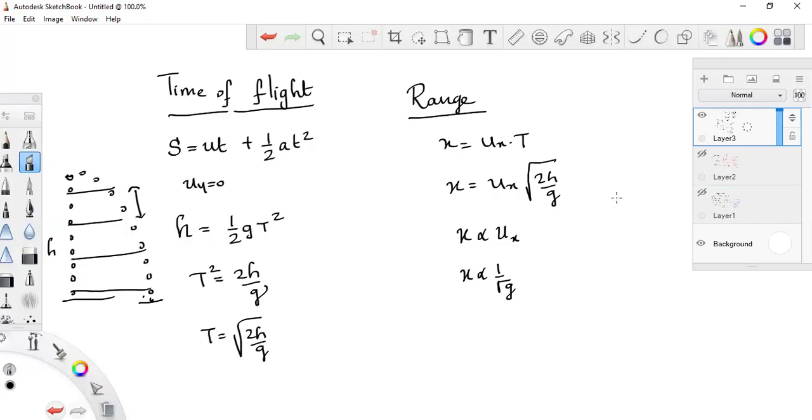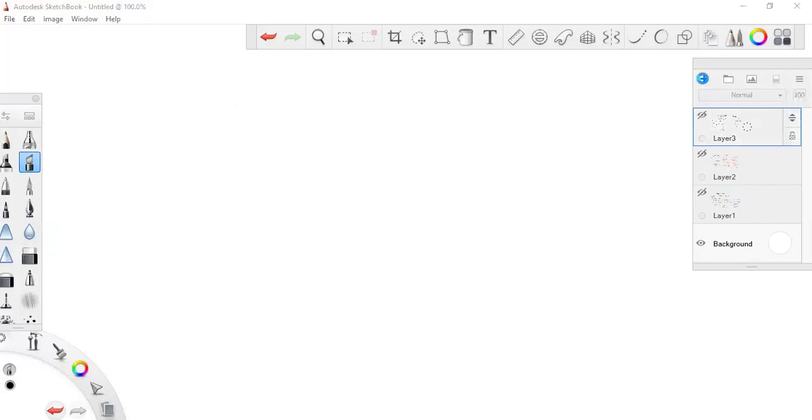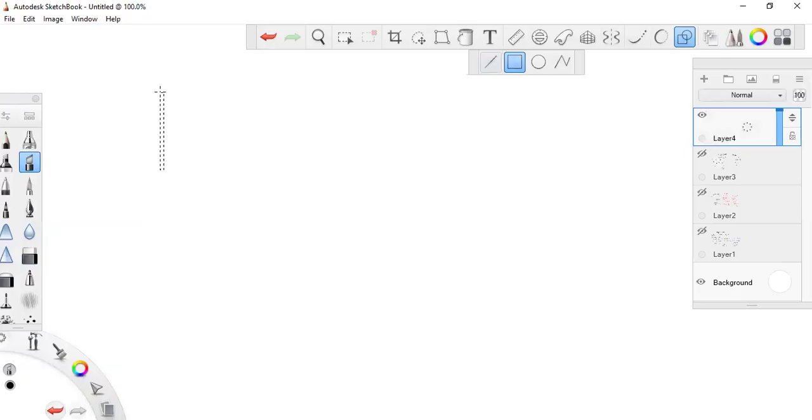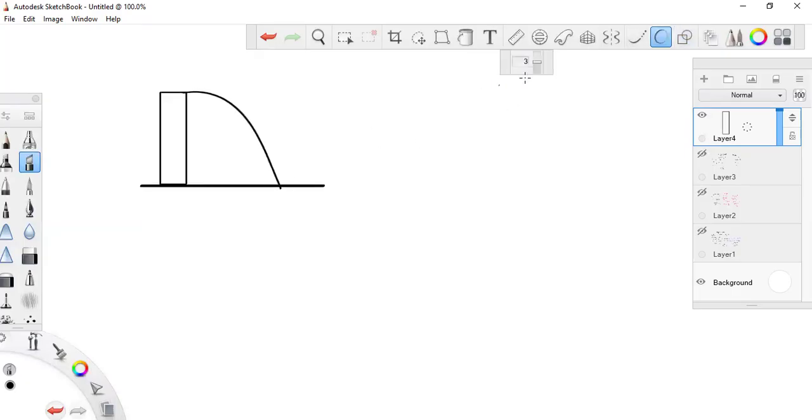Right? So at any point in this projection, if we were asked to find the resultant velocity at any point, let's go on with our page. So this was the image which we have already seen. This is the ground, and the projectile follows a trajectory like this, right?